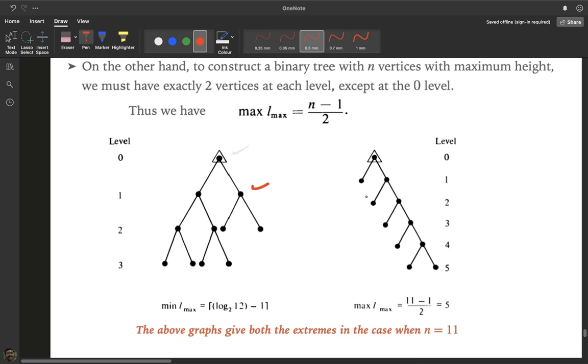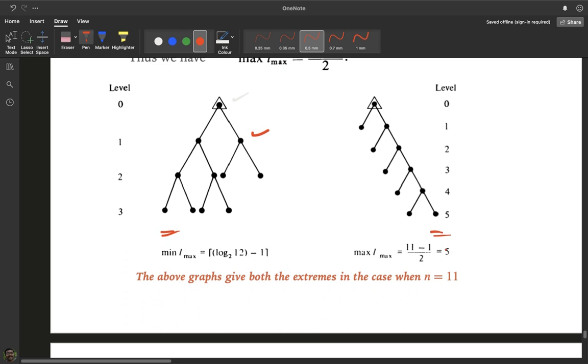It is distributed in such a way that there is the minimum number of levels. We can see that the minimum level here is 3 and the maximum level here is 5, which conforms to the formula we have already discovered.